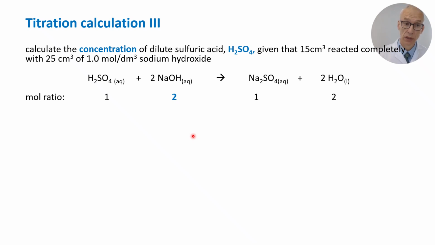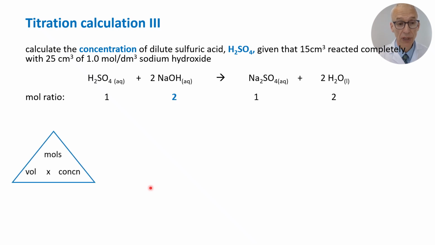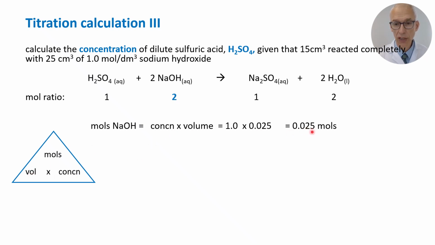Okay, so I'm hoping you've carried out the calculation. That's the point of the lesson. I'm going to reveal. Obviously, the triangle is going to help me out and work out the moles of sodium hydroxide. Volume times concentration is number of moles. So 0.025 moles of sodium hydroxide, 25 at 1 mole per decimeter cubed.